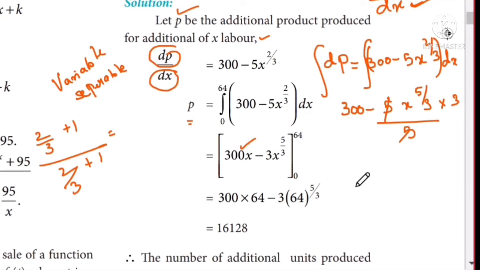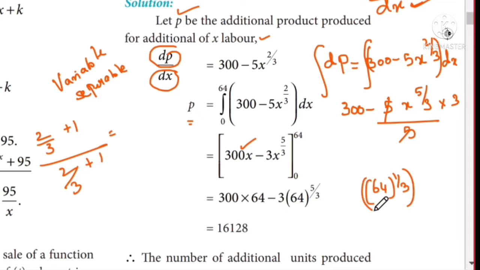You can use your calculator. 64 to the power, you can take 1 by 3 first, then 5. What is the cube root of 64? 4 is the cube root, 4 into 4 into 4. So the cube root of 64 is 4. 4 power 5.